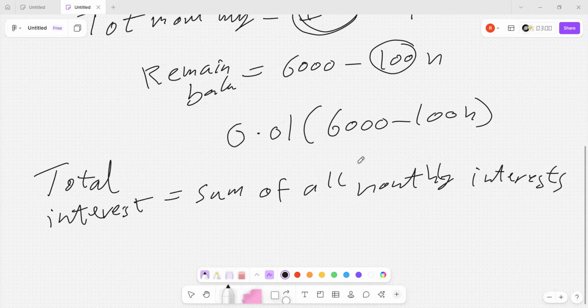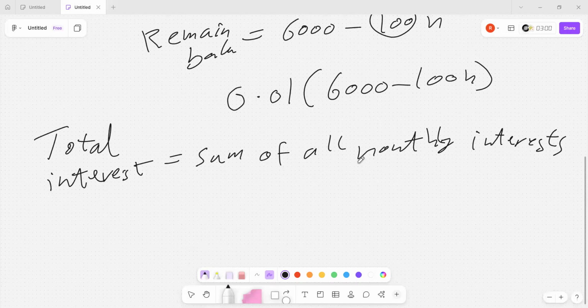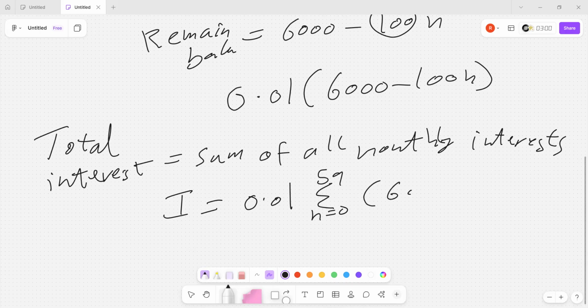Now I can make an equation like that: I, which is the total interest, equals 0.01 times sigma, which is a sum, from n equal to 0 till 59 to cover 60 months, of 6,000 minus 100n.